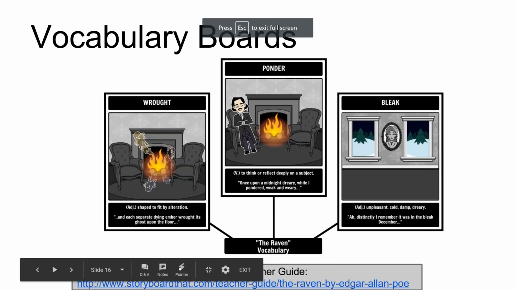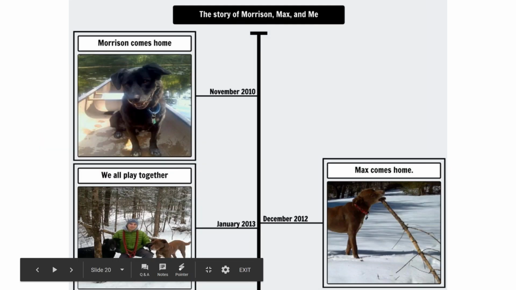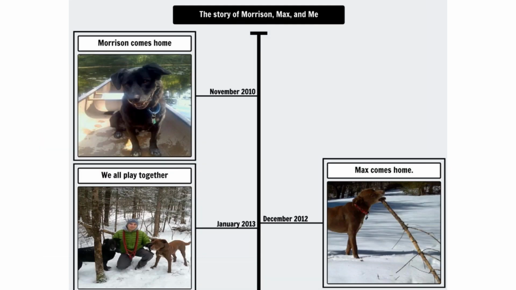There's just a couple of quick things I want to point out here. In terms of templates that you may take advantage of, there is a timeline template that you can use inside of Storyboard That. You can see I used it to make a little timeline of the story of me and two of my dogs.